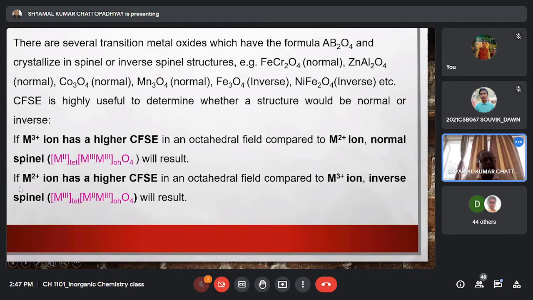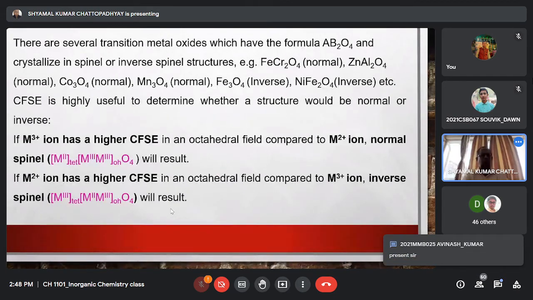On the other hand, if the M2 plus ion, the bivalent metal ion, has got higher CFSE in an octahedral crystal field compared to an M3 ion, an inverse spinel structure of this kind will be obtained. So it is quite easy. Simply you have to find out the CFSE of the bivalent metal ion and the CFSE of the trivalent metal ion, find out which one is higher, and then say whether the structure will be normal spinel or inverse spinel.